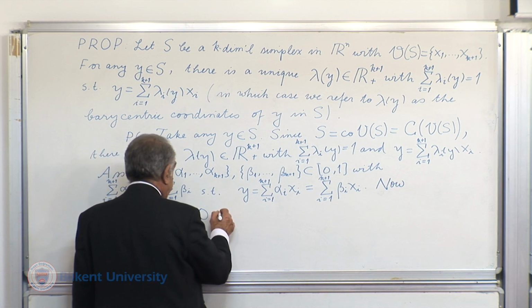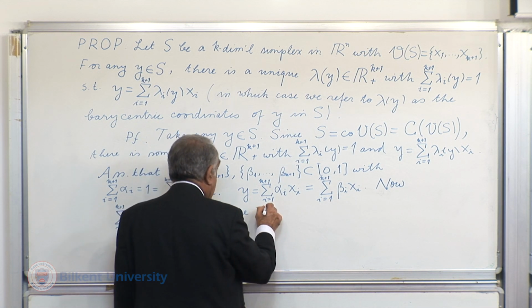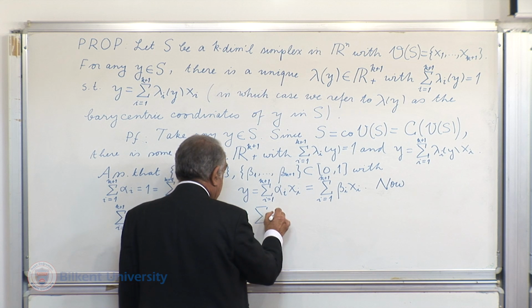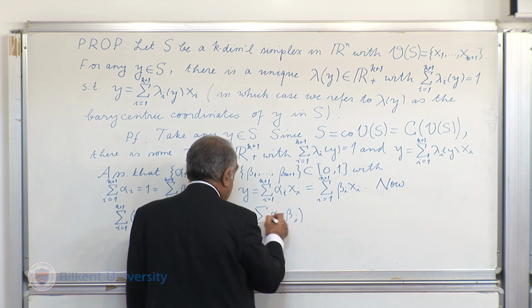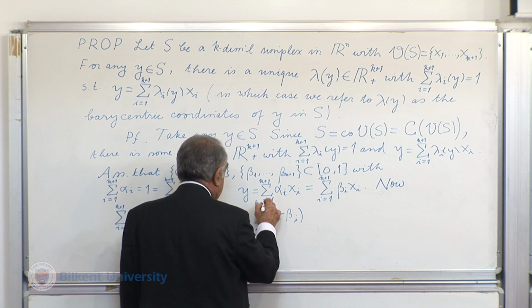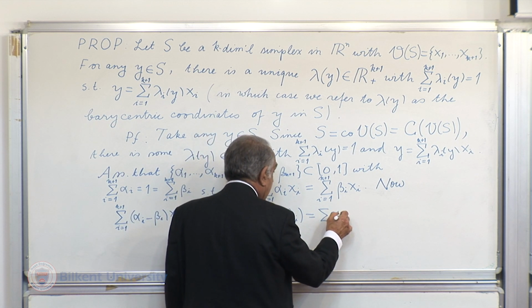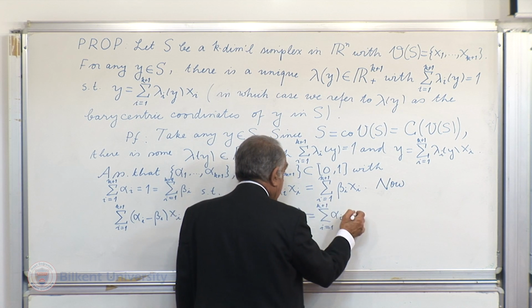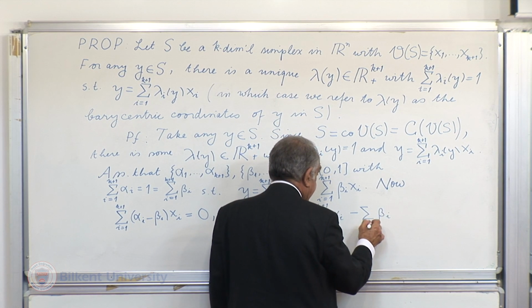Where the sum of the coefficients here, alpha i minus beta i, from 1 to k plus 1, is equal to the sum of alpha i's minus the sum of beta i's.